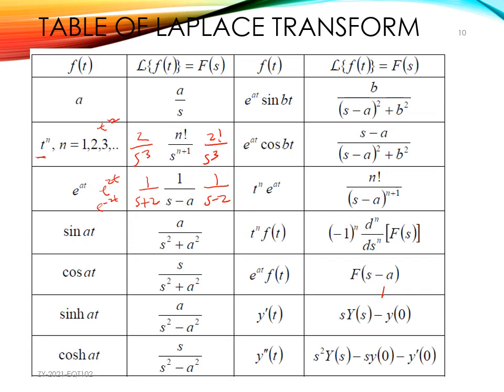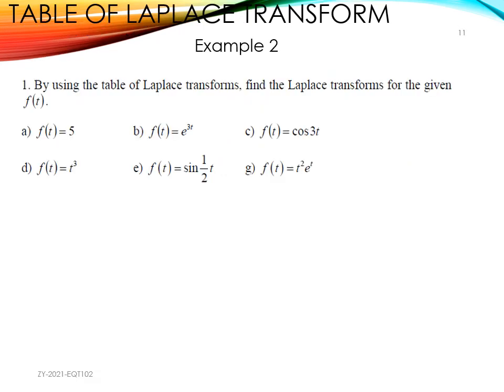Okay, let us do this example. By using the table of Laplace transform, just the table, find the Laplace transform for the given f(t). For a, the Laplace of 5. Remember just now, Laplace of a is always a over s. So a now equals 5, and you should get 5 over s.